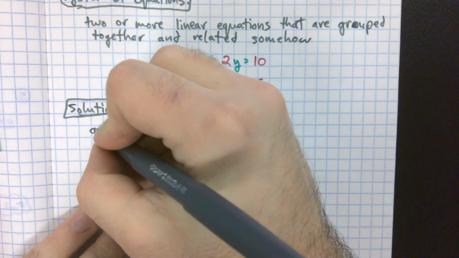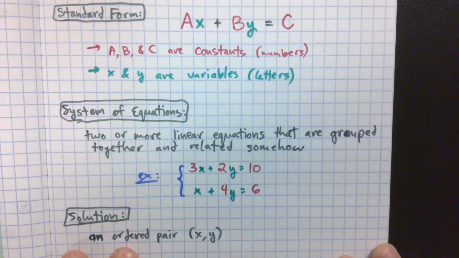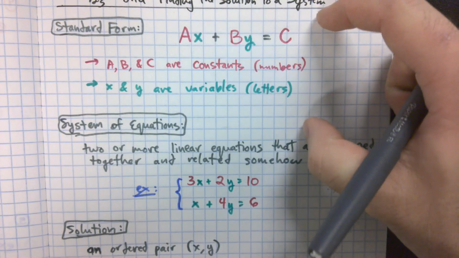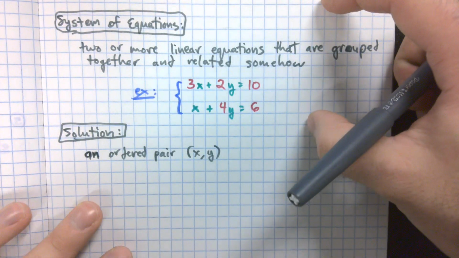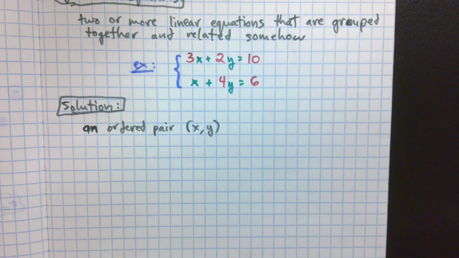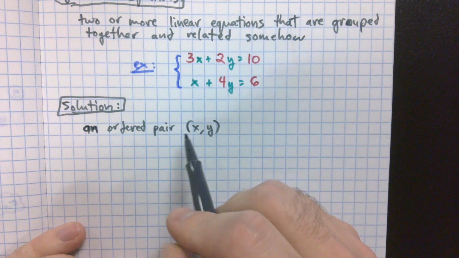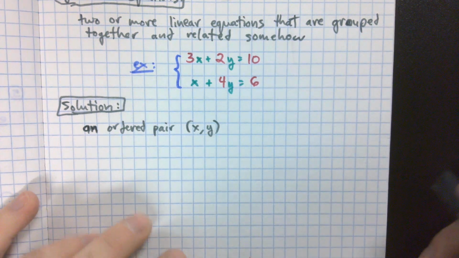An ordered pair. So our lesson title was finding the solution to a system. We've got our standard form down. We've got a definition of what a system of equations is and what that looks like. The last thing we have to identify is what a solution is, which is just an ordered pair, x comma y, also known as a point's coordinates.